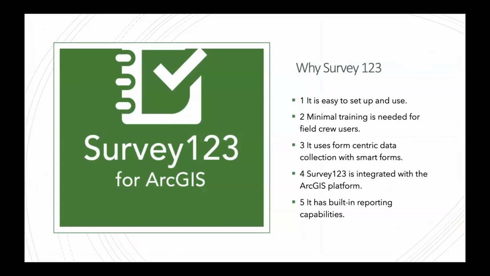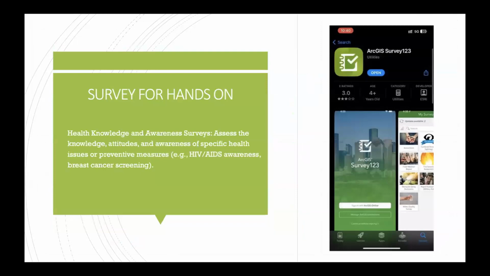So for this demo, I will assume that we want to create a survey to assess knowledge, attitude, and awareness of health issues and preventive measures, let's say HIV and AIDS. So let's assume I have a questionnaire somewhere.